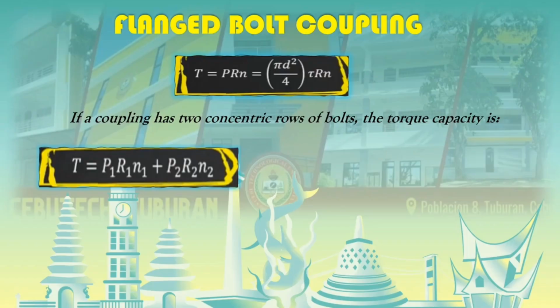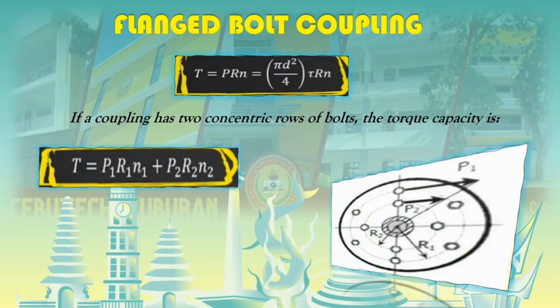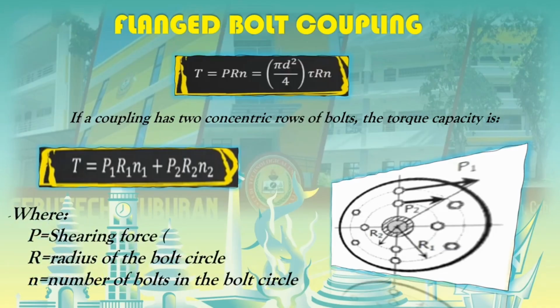For couplings with two concentric rows of bolts, the total torque capacity is the sum of each row's contribution, given by T equals P1 times R1 times N1 plus P2 times R2 times N2, where P1, R1, N1 and P2, R2, N2 represent the shearing force per bolt, radius, and number of bolts for the first and second rows respectively.